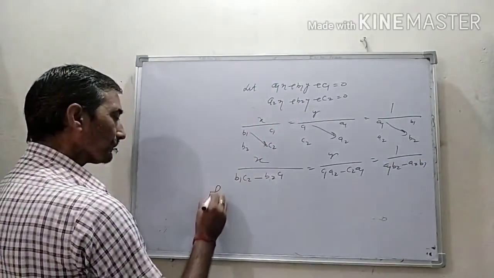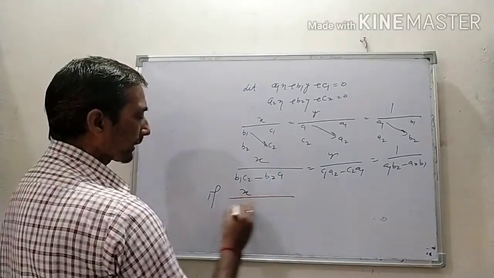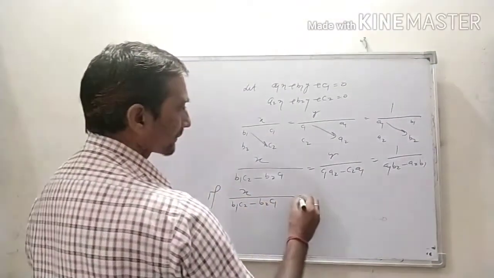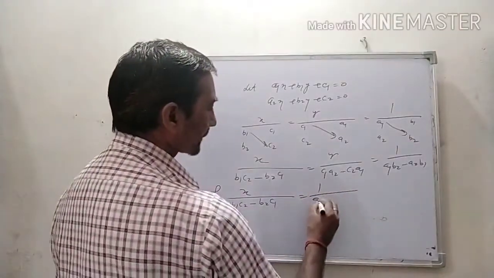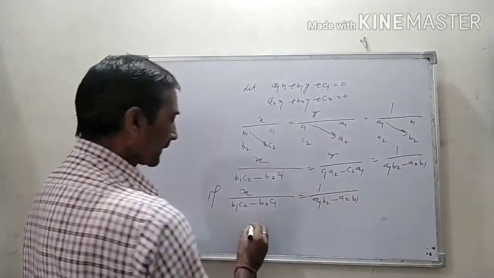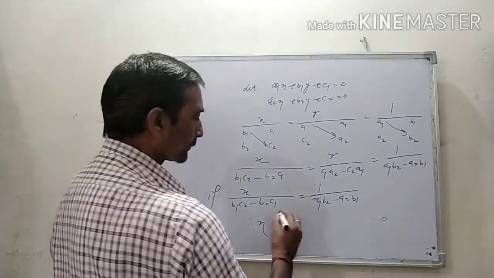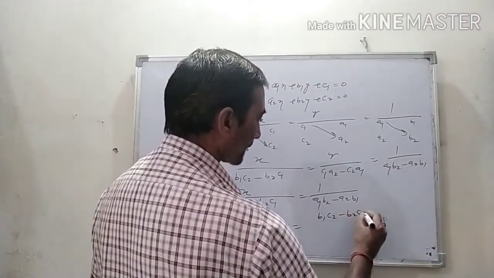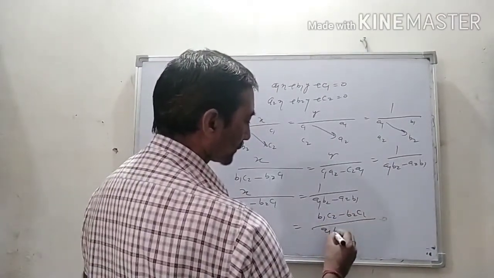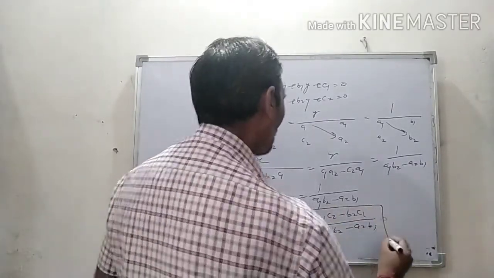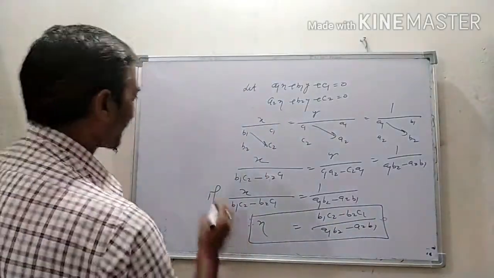If x upon b1c2 minus b2c1 is equal to 1 upon a1b2 minus a2b1, therefore x is equal to (b1c2 minus b2c1) upon (a1b2 minus a2b1). In this manner you will get the value of x.